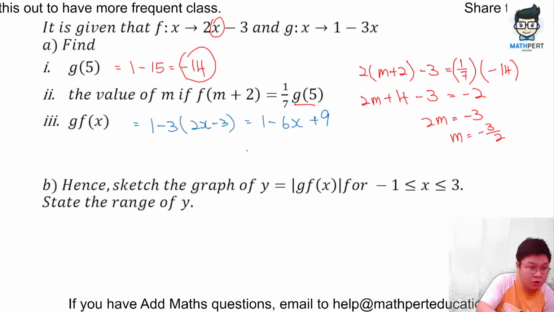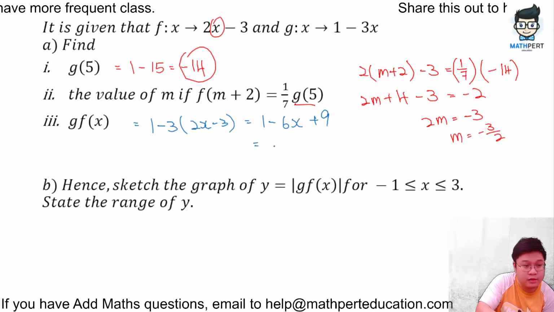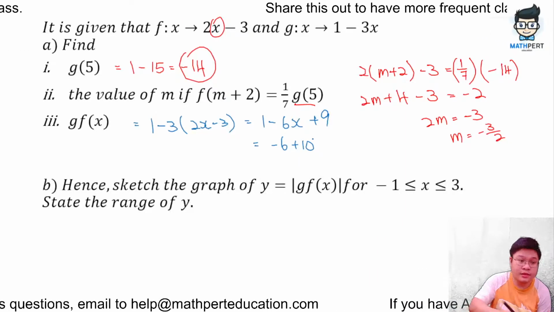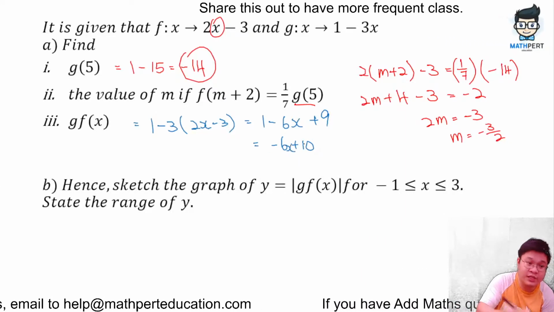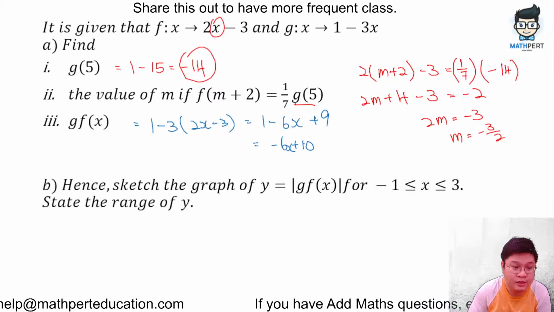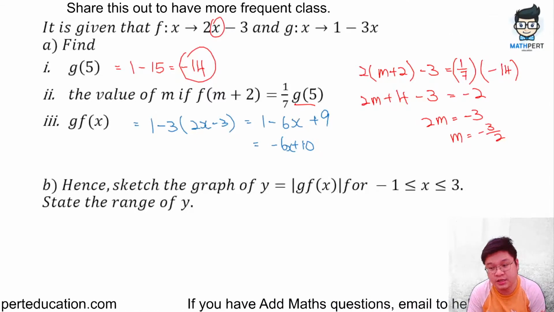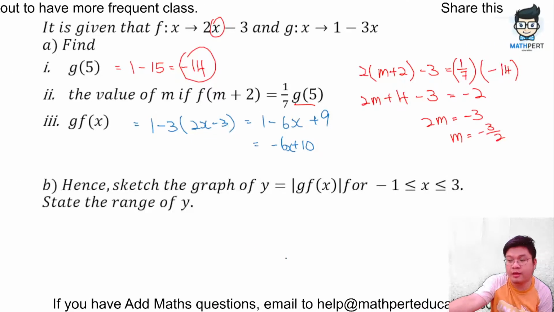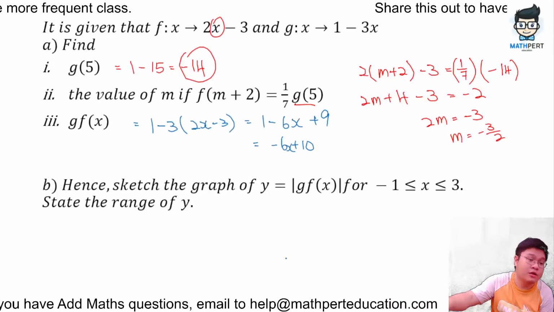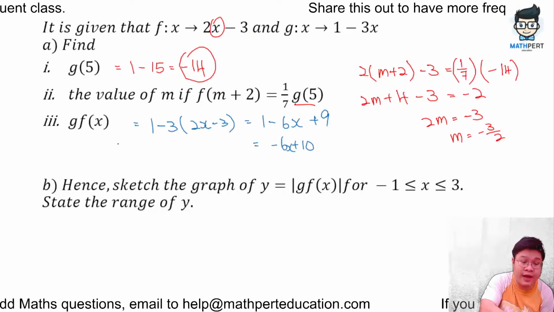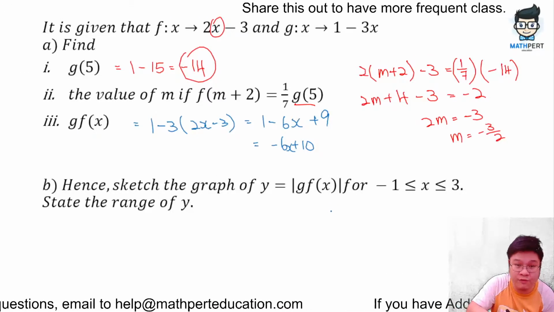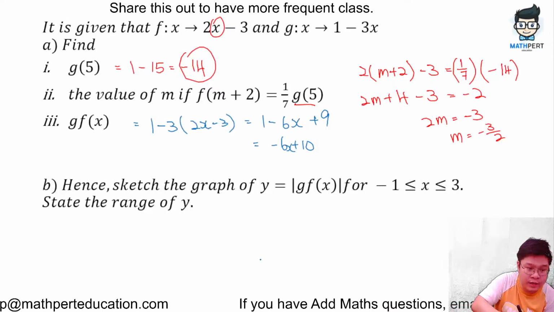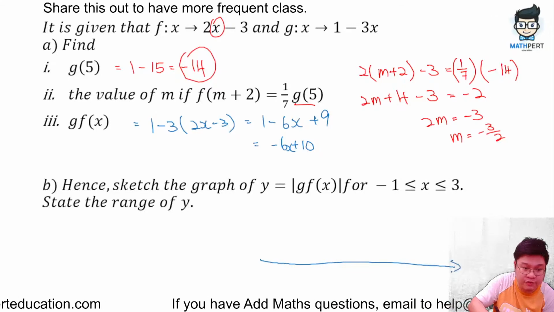Alright, so here you will get negative 6x plus 10. This is your answer. So sketch the graph for this. So how do I sketch the graph for this? Alright, so gf(x) we already got it here, the absolute value, meaning that we do not want negative.